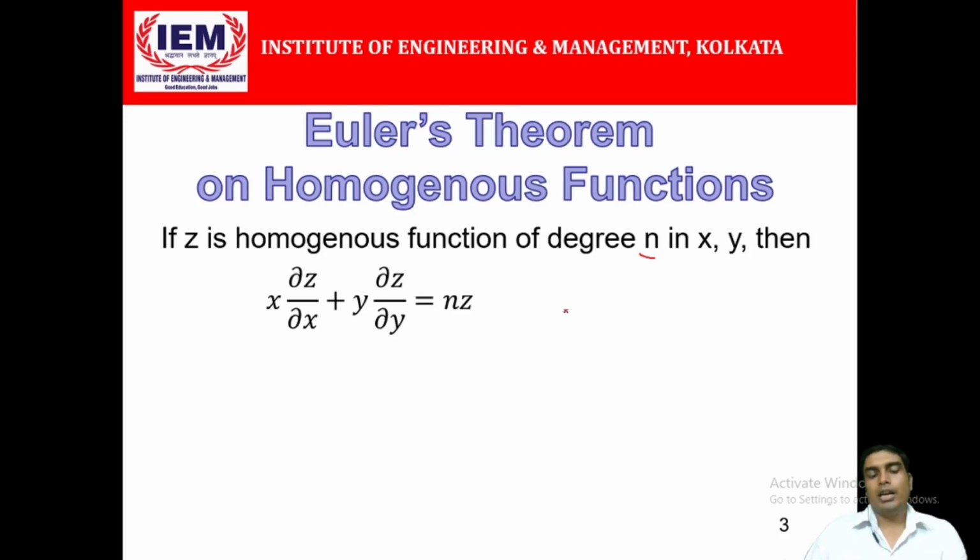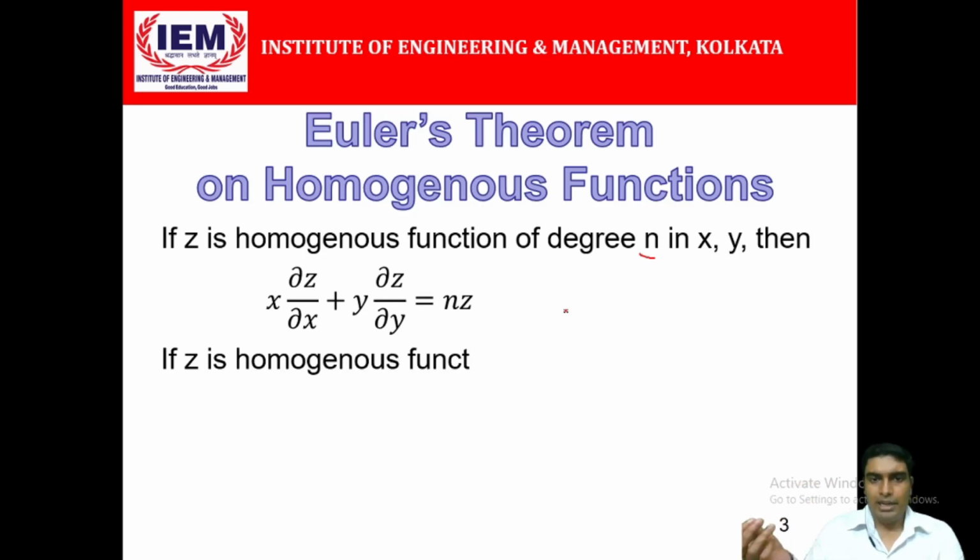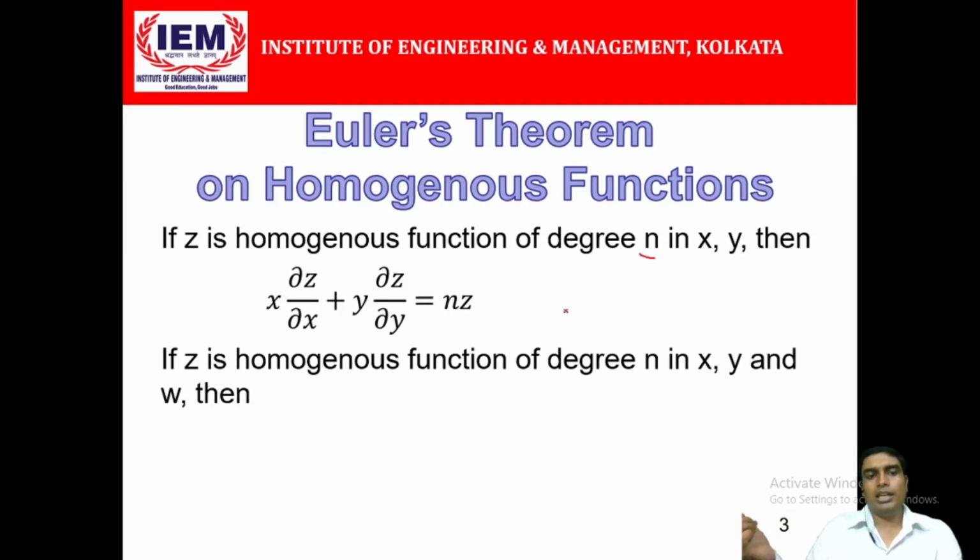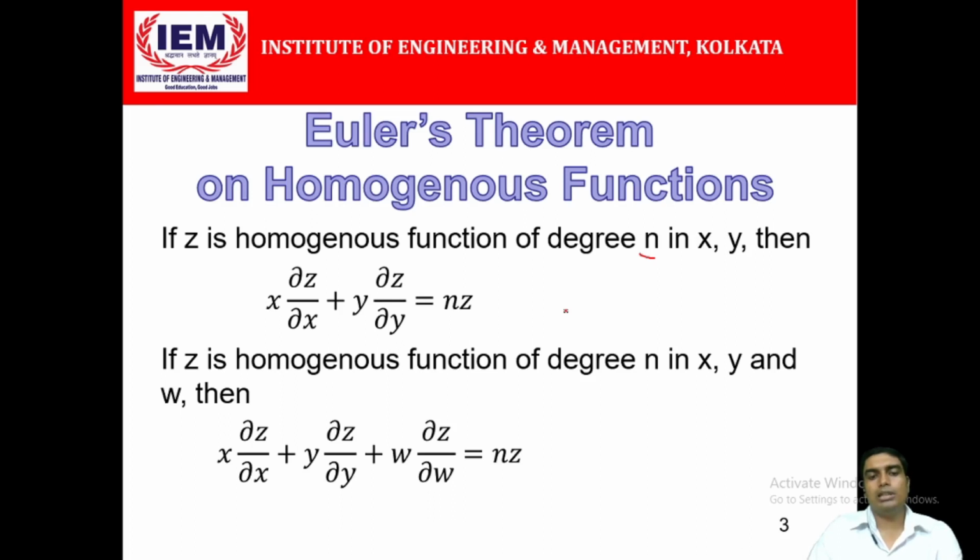Okay. Now, if I extend this function for three independent variables, suppose z is a homogeneous function of degree n and x, y and w are the three independent variables, then we can say that x del z del x plus y del z del y plus w del z del w equals nz, where n is the degree of the function.